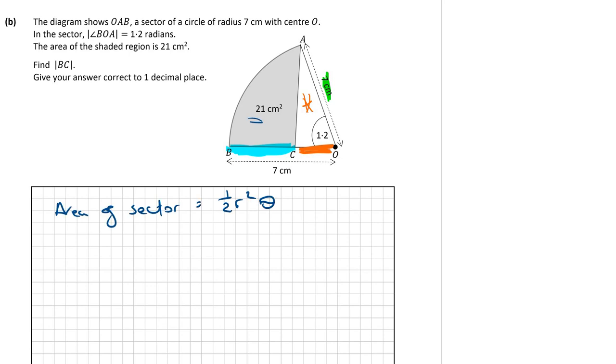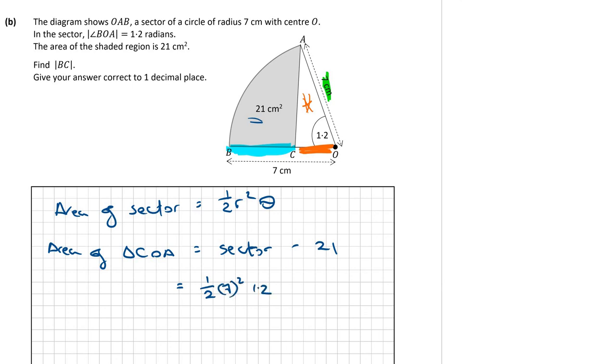So the area of the triangle COA, or CAO, is going to be sector minus 21. Well, the sector is going to be 1/2 of 7 squared times 1.2.